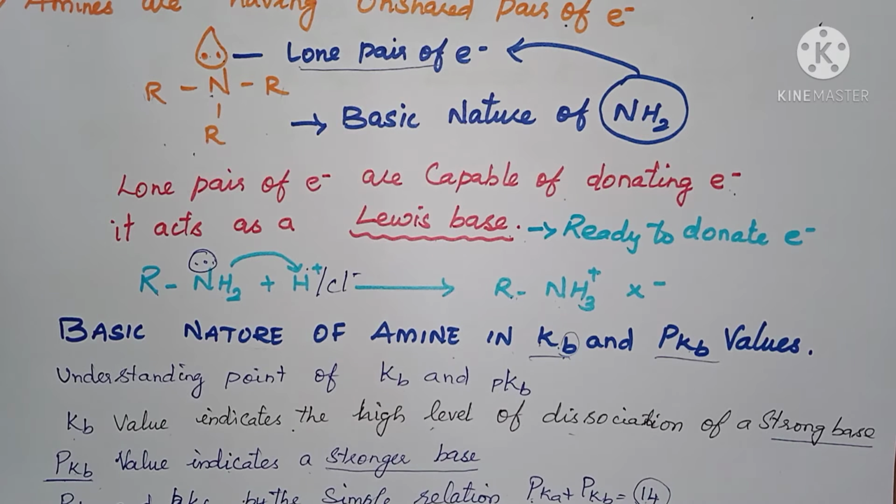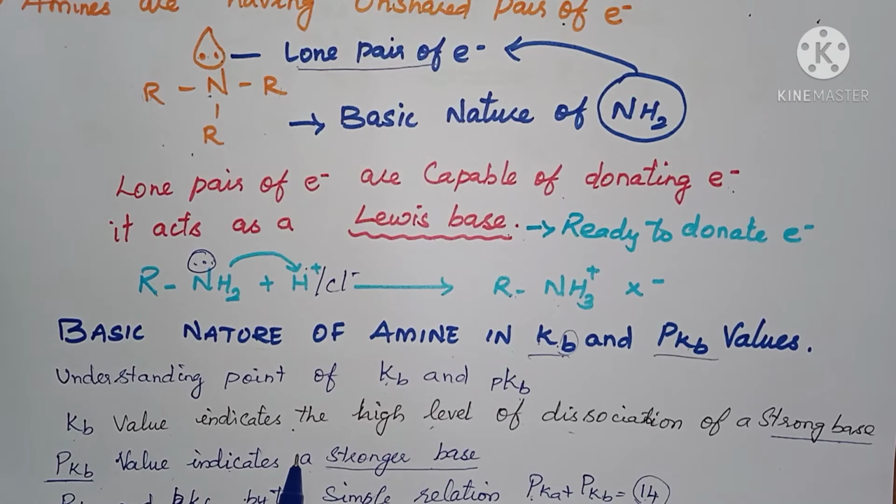Hope you got the point of Ka and pKa, Kb and pKb. Kb is the dissociation of ions in a strong base. pKb indicates the strong base. We are going to decide which is the stronger base, whether ammonia or amine, and that we are going to discuss.